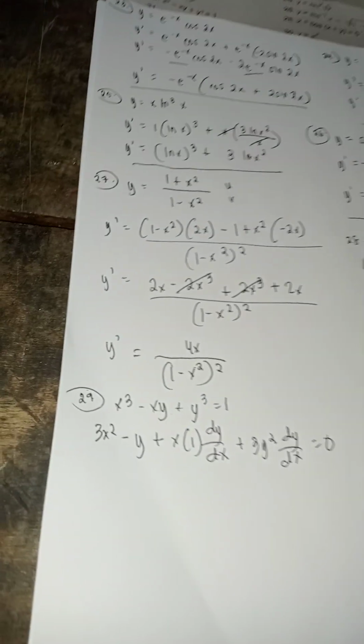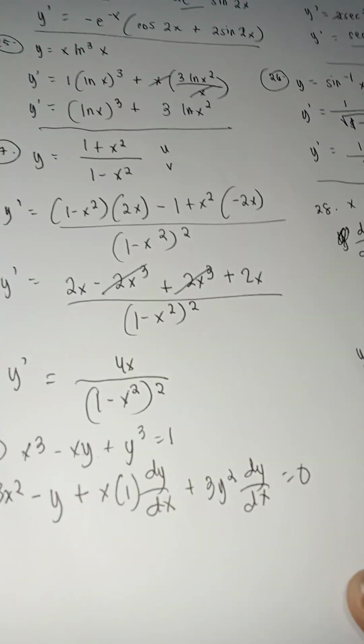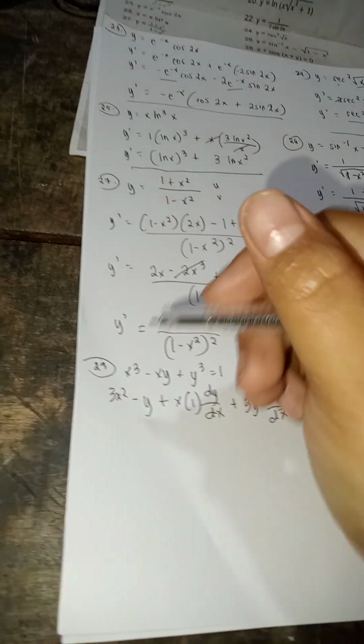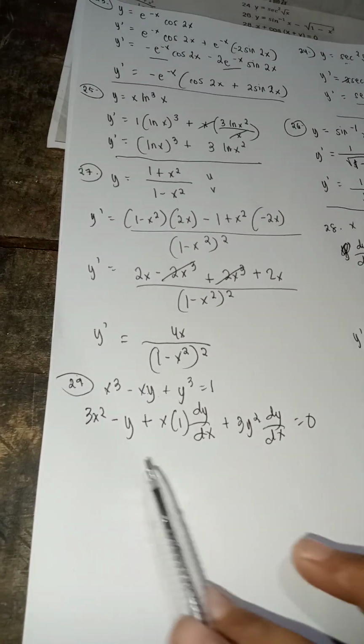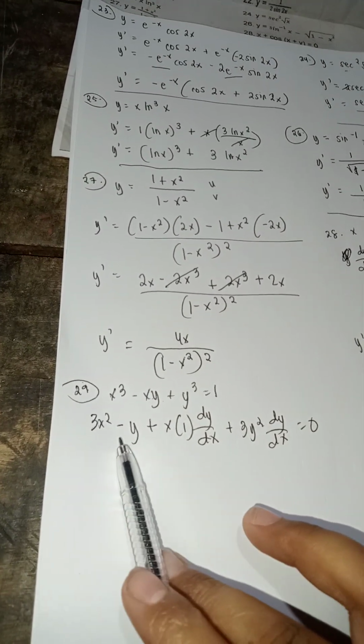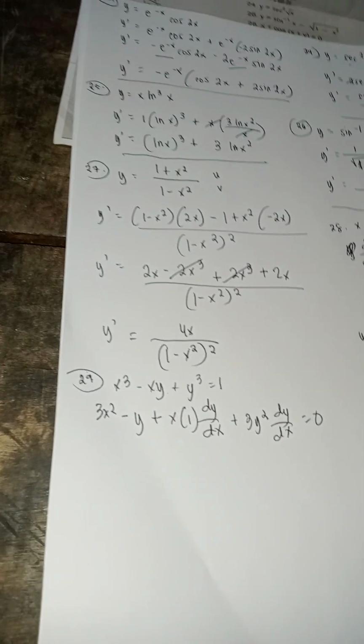From this, we are going to move terms first. We move the dy over dx terms to the left side, and those without dy over dx, 3x squared minus y, to the other side.